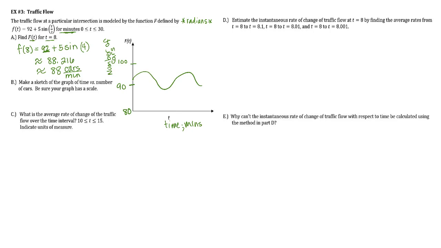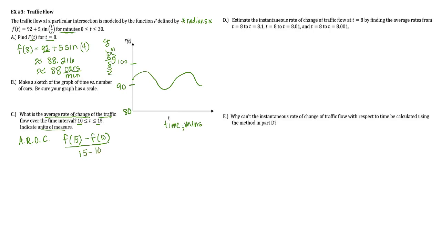Alright, now the next part, C, is asking us to find the average rate of change of the traffic flow over this time interval and indicate our units of measure. So we need average rate of change, and so we're going to have to find F at 15 minus F at 10 over 15 minus 10.